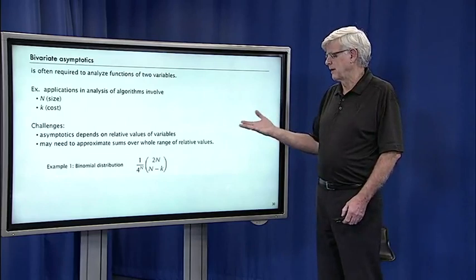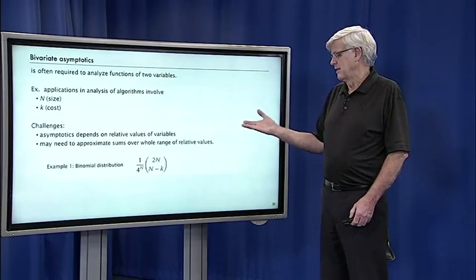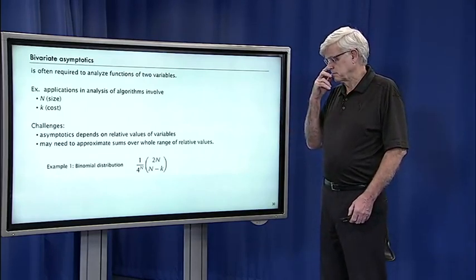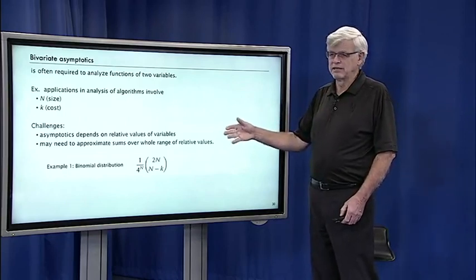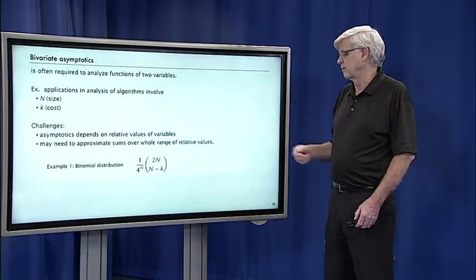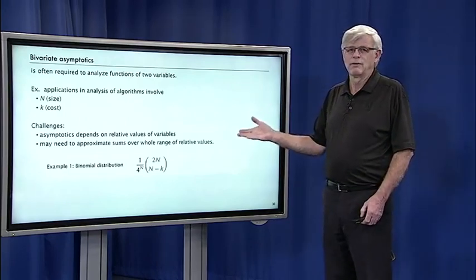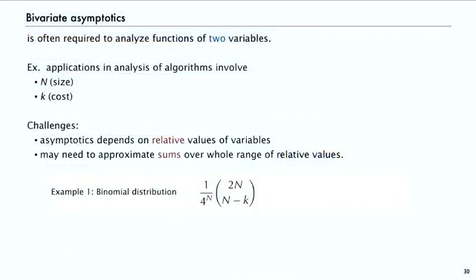First example is the binomial distribution. So k might be related to the cost, n might be related to the problem size. How are we going to make computations if we wind up with an expression like that?